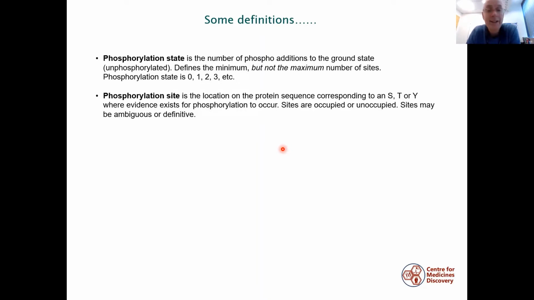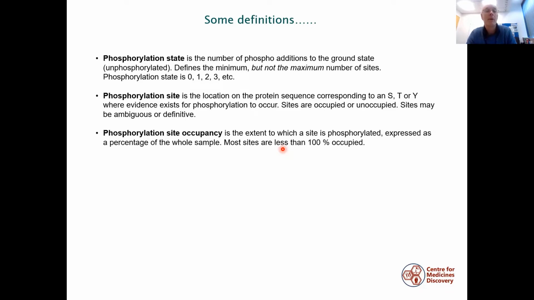However, a site can be occupied or it can be unoccupied. And the sites may also be ambiguous or definitive, and I'll explain what those mean in a minute. Phosphorylation site occupancy is the extent to which a particular site is phosphorylated. You express this as a percentage of the whole sample. Be aware that most phosphorylation sites are going to be less than 100% occupied.